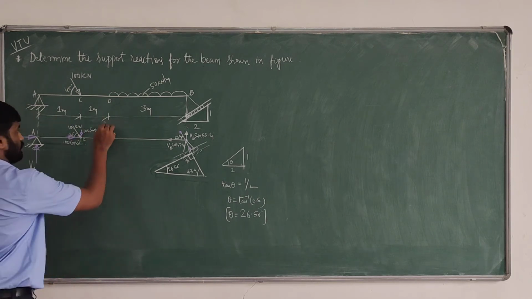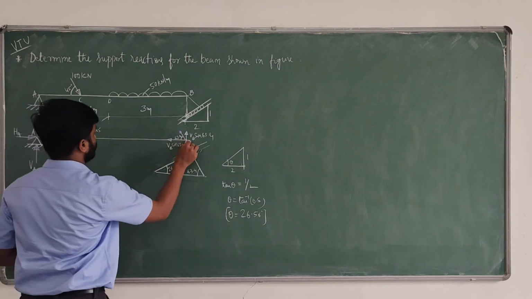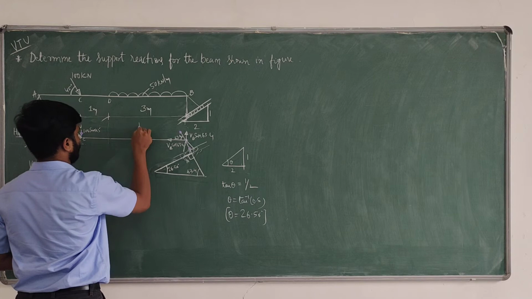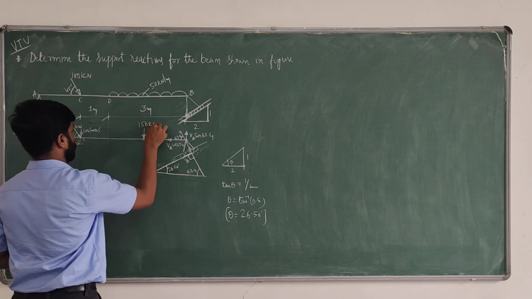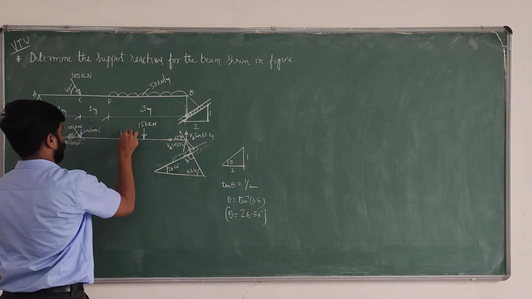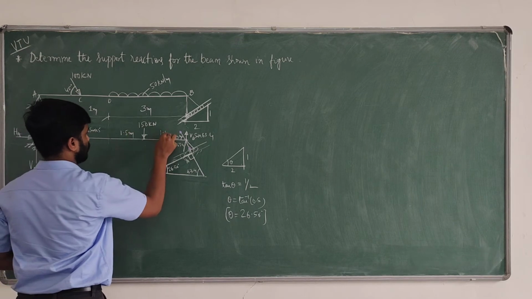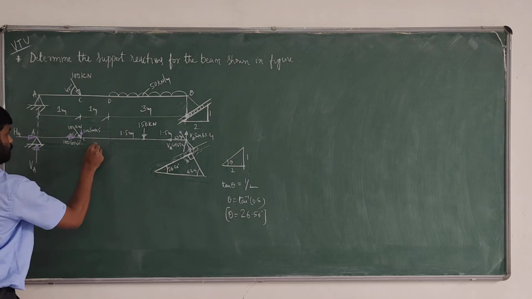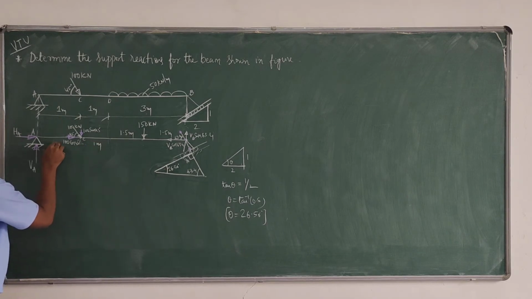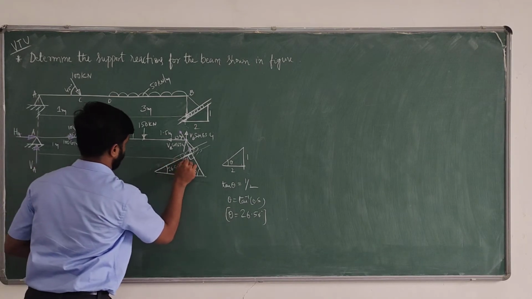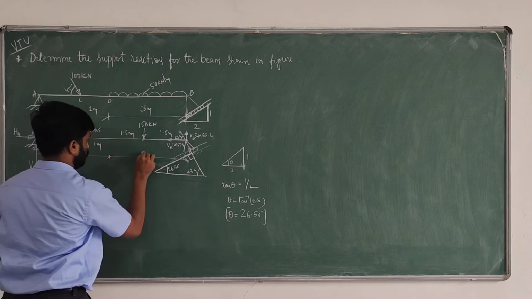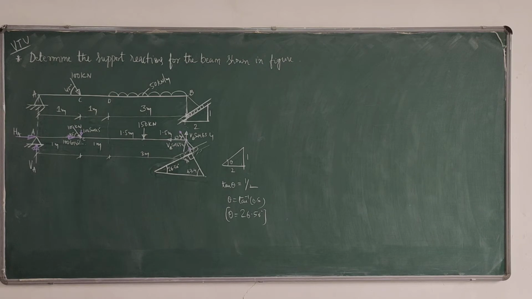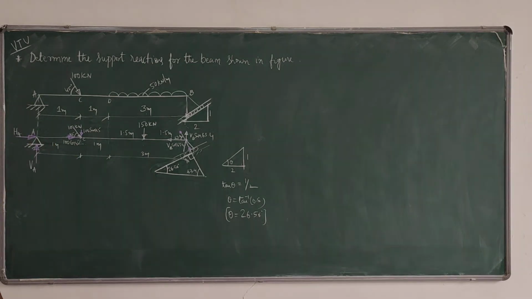Next, throughout the span, 50 into 3, that is w into L, 150 kilonewton acts at L by 2, 1.5 meters, and the remaining is also 1.5 meters, and this is 1 meter, and this is also 1 meter. So this is 3 meters, 1 meter, and 1 meter. This is regarding the free body diagram.